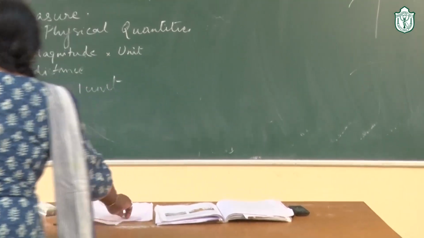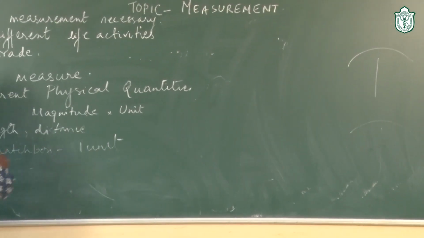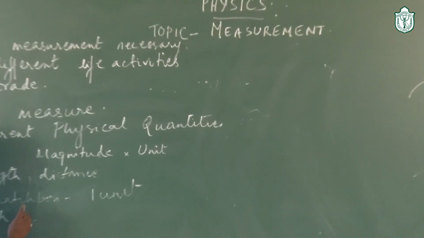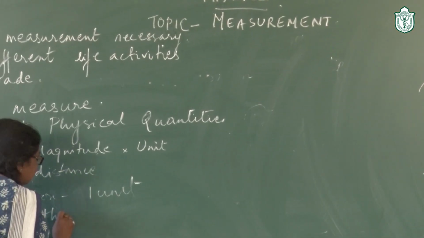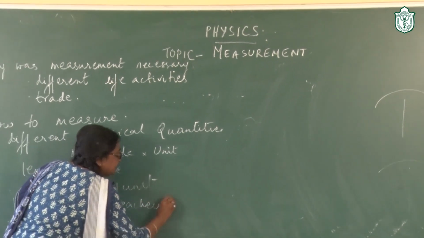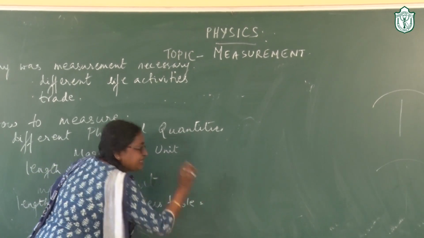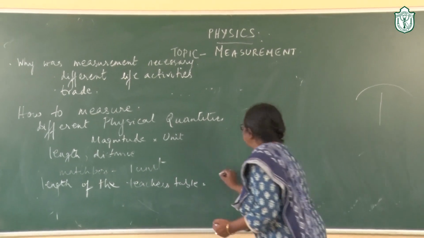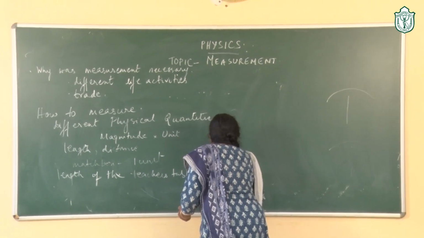So, the length of the table, the length of the teacher's table, is equivalent to 23 matchboxes.